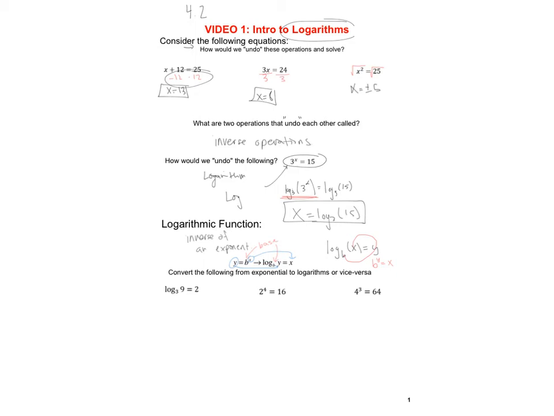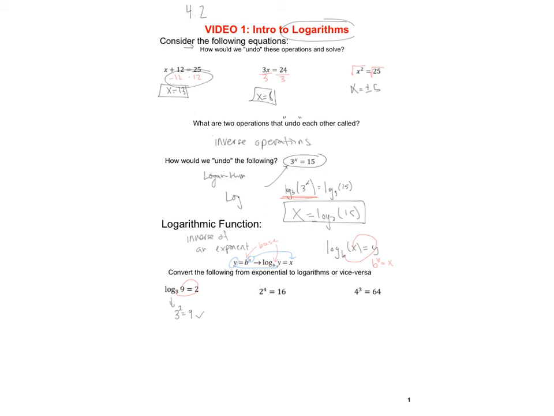So I look at this first one, I can swirl and take 3 squared equals 9, and I get the conversion. Log base 3 of 9 equals 2 is the same thing as saying 3 squared equals 9, which, of course, we know is true.